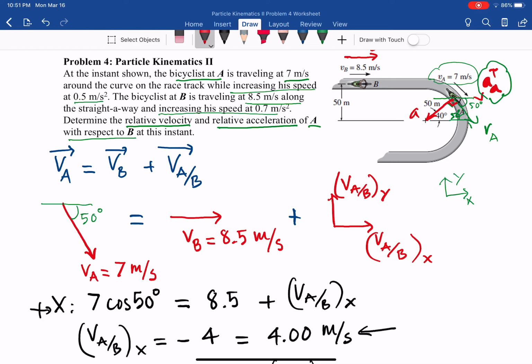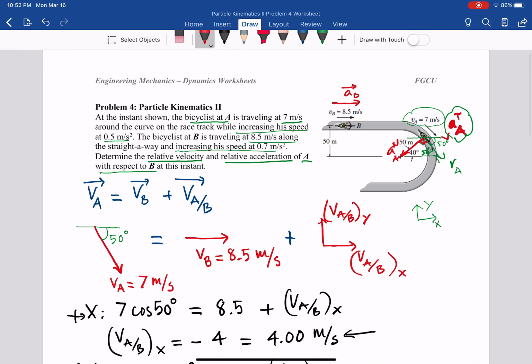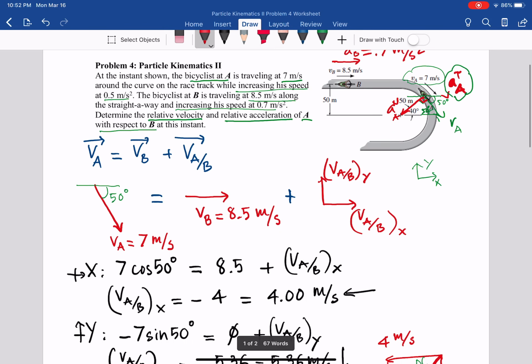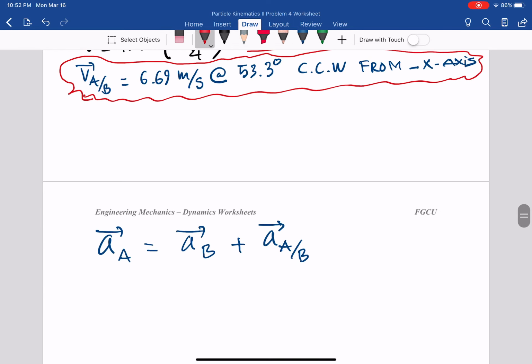That is A_A tangential and normal component. And for B, it is on a straight line, so rectilinear motion, so only one component of acceleration, which is A_B, and the problem also gives us 0.7 meter per second squared. With that, we have all of the information to draw the kinematic diagram.